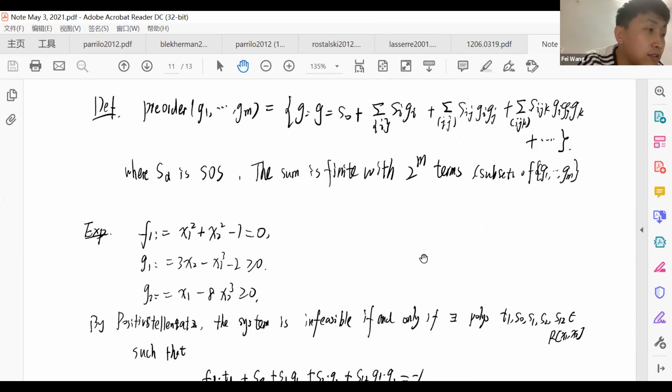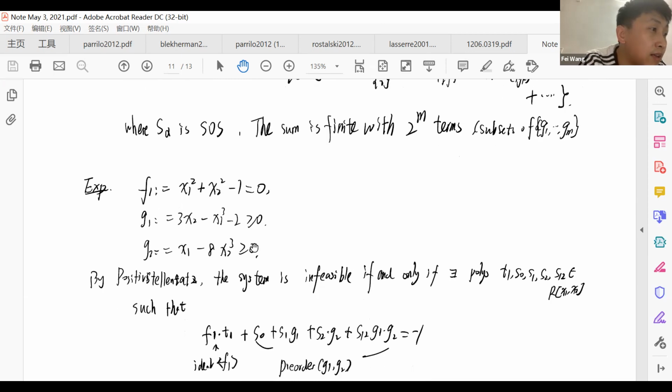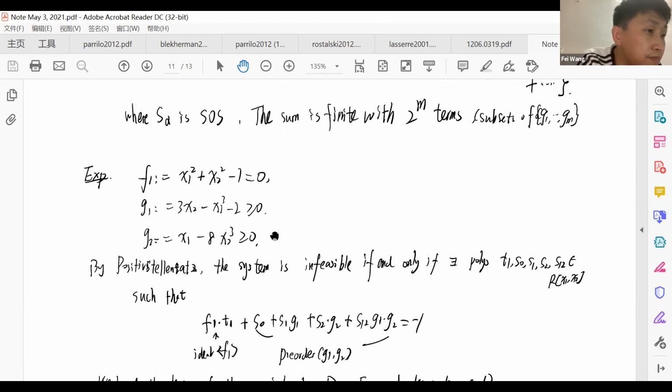Yeah, so let's say an example with f1, g1, g2. f1 is x1 squared plus x2 squared minus 1, equal to 0. g1 is 3 times x2 minus x1 to the power 3 minus 2, non-negative. g2 is x1 minus 8 x2 to the power 3, non-negative. Now we want to certify if this is infeasible.